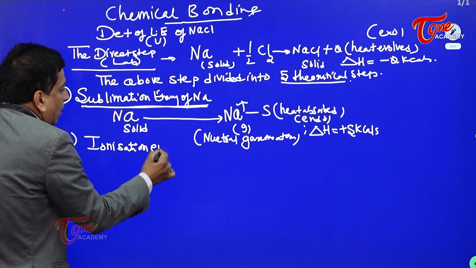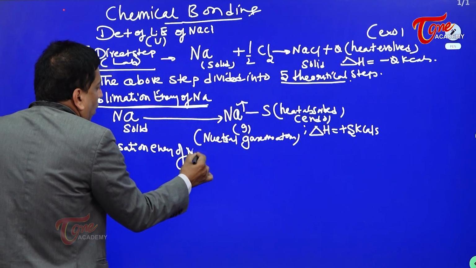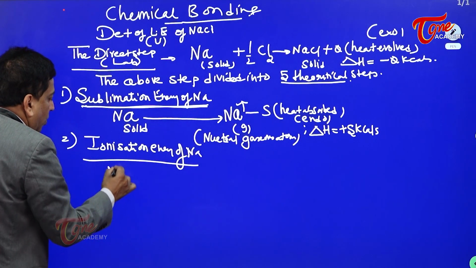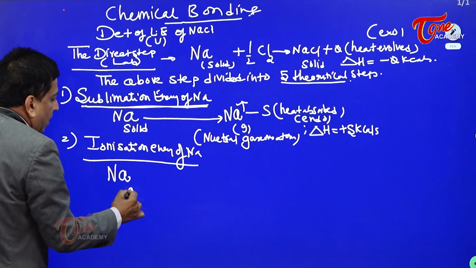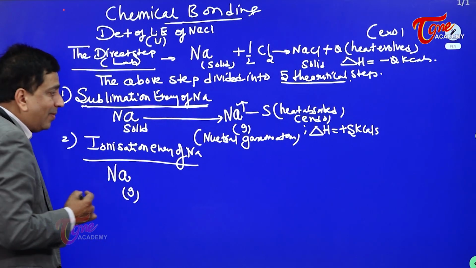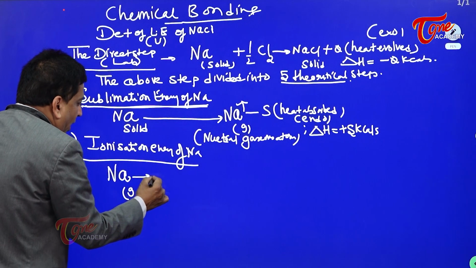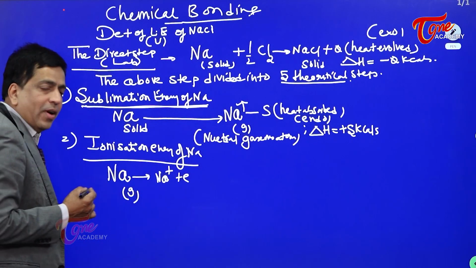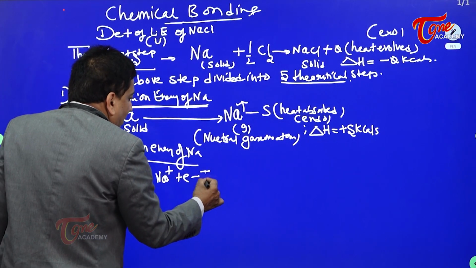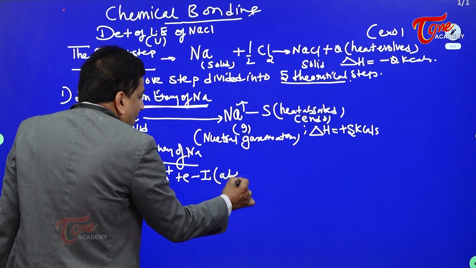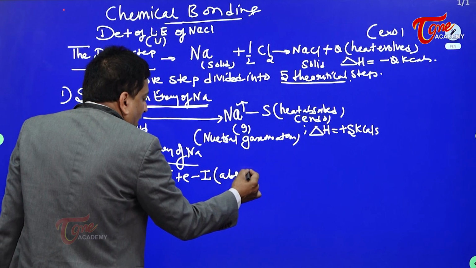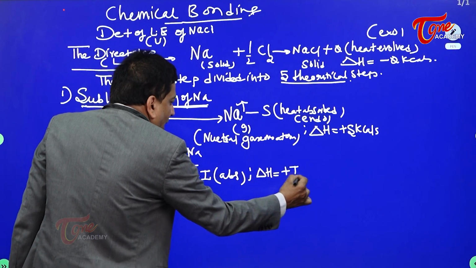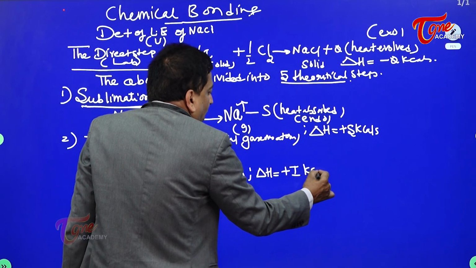Ionization energy of sodium. So you take this neutral gaseous atom, sodium gas, kick out one electron, Na plus, remove an electron, and for this energy is absorbed. And if you wanted to write it outside, then please write it outside, and this becomes plus I kilocalories.